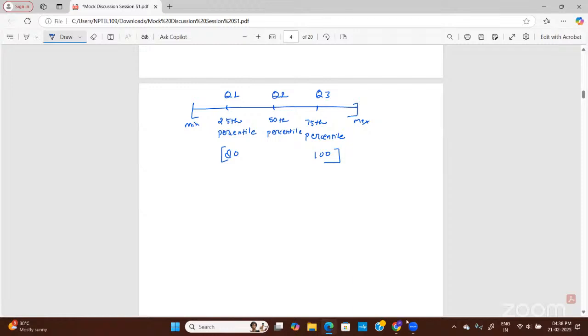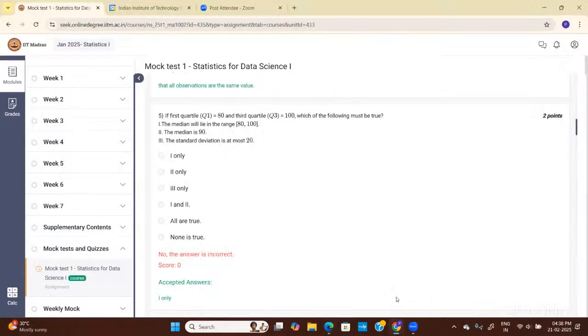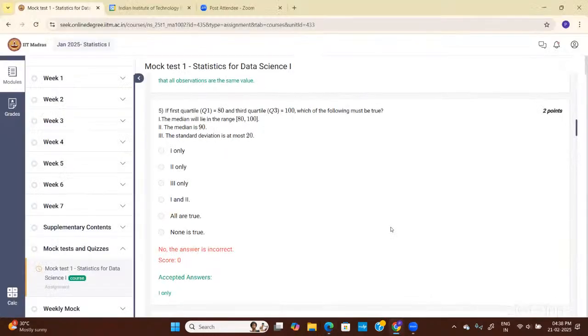Now in the next option, we are given that the median is 90. So we cannot say that the median is always 90. It will lie in the range 80 to 100, that is for sure. But that the median will be 90, we cannot find without having the data set.